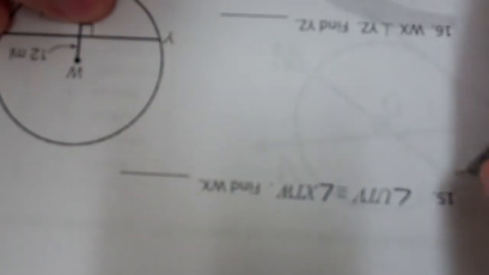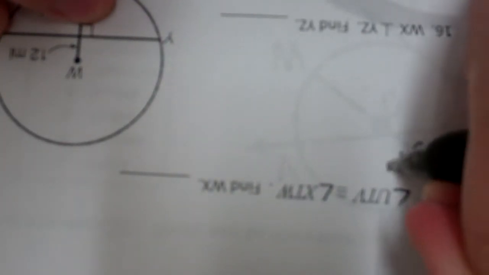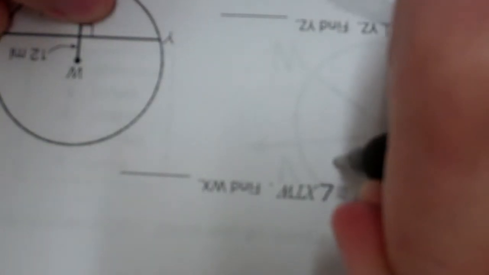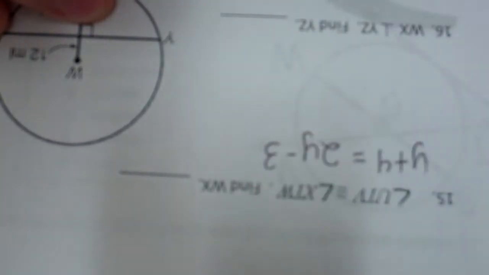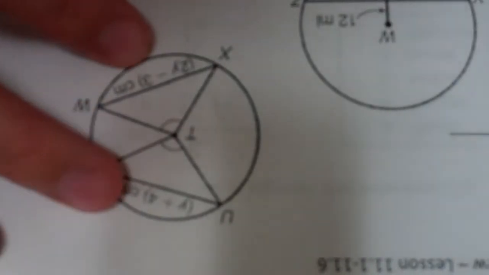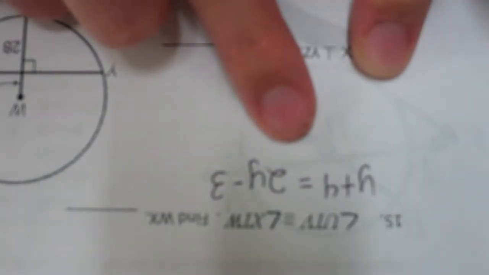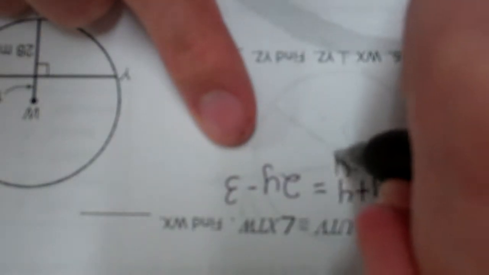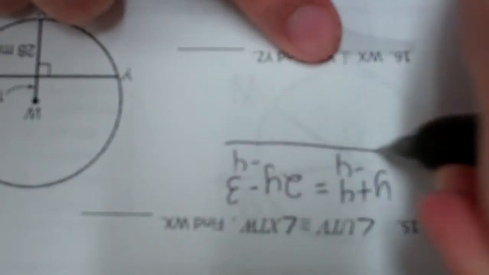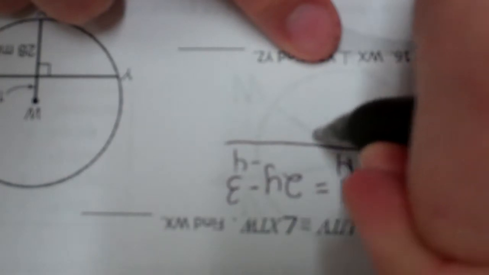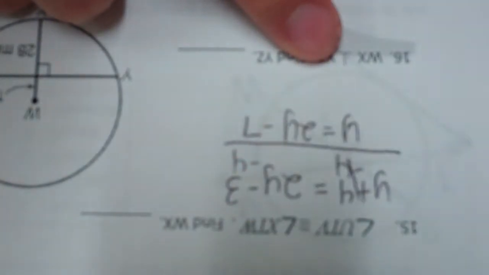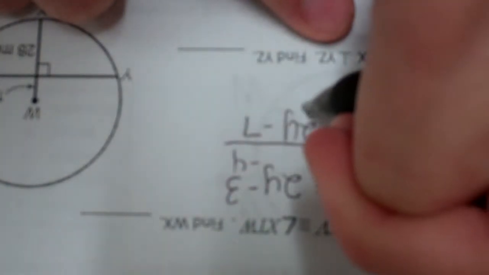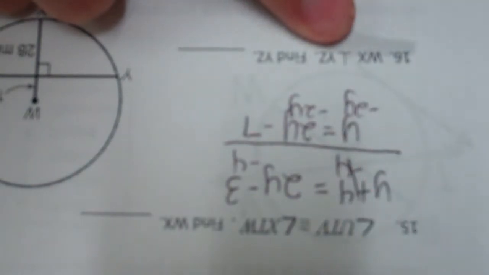So for number 15, we're going to set the two chords equal. y plus 4 equals 2y minus 3. Set them equal. Okay, subtract 4 from each side. y equals 2y minus 7. Subtract 2y from each side.